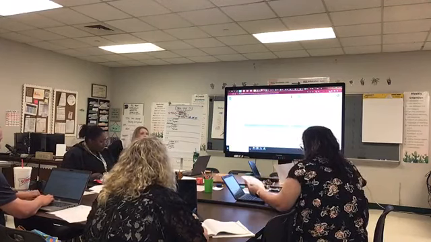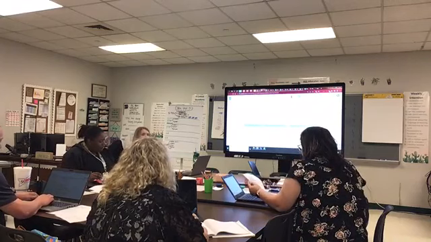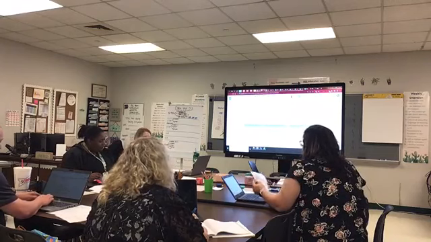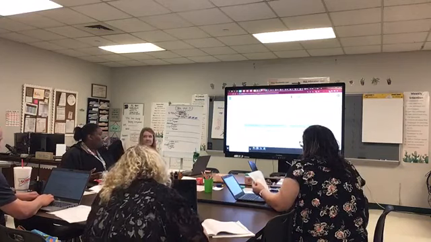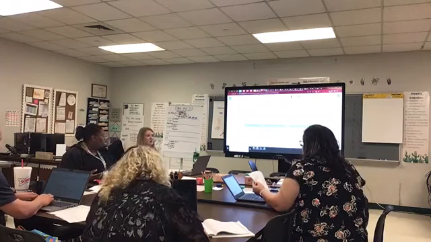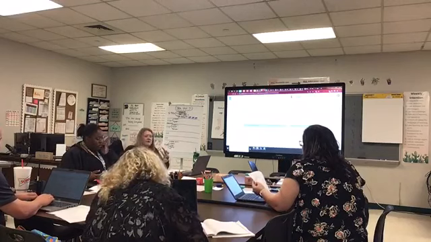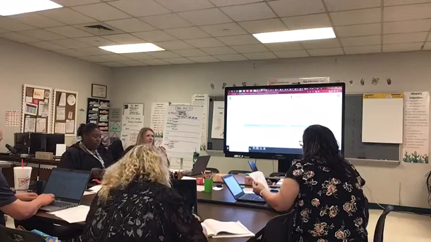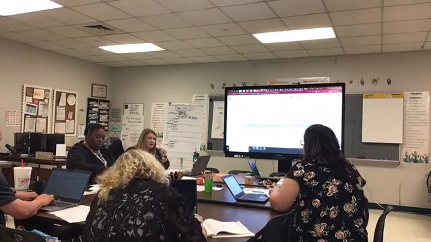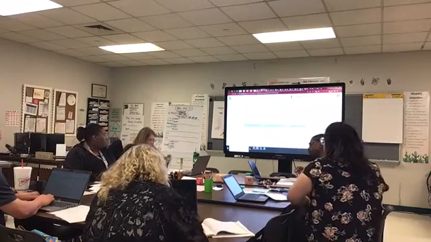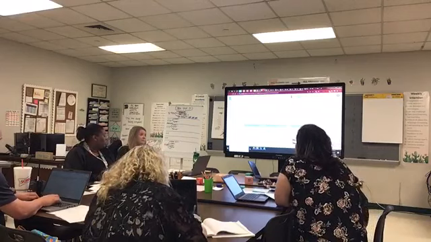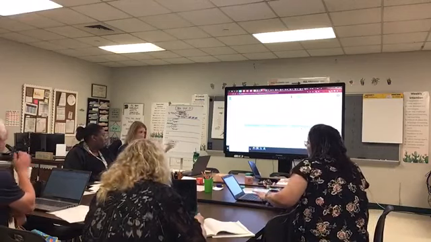What do they have to do to be able to find the right graph? How is the information given to them? Do we have that? Now we can do that as a check for understanding, but if they're having to do that, for sure it can be a part of our success criteria, but should it be in, and I'm not saying yes or no, I'm just posing the question.